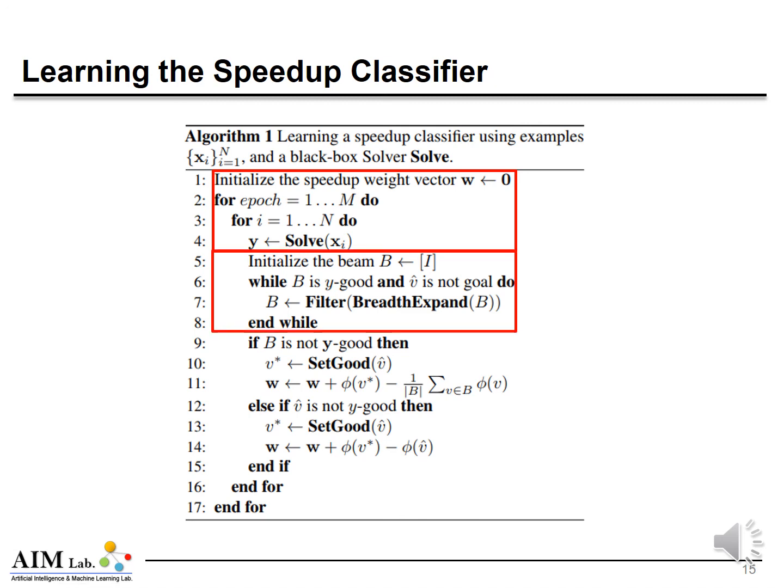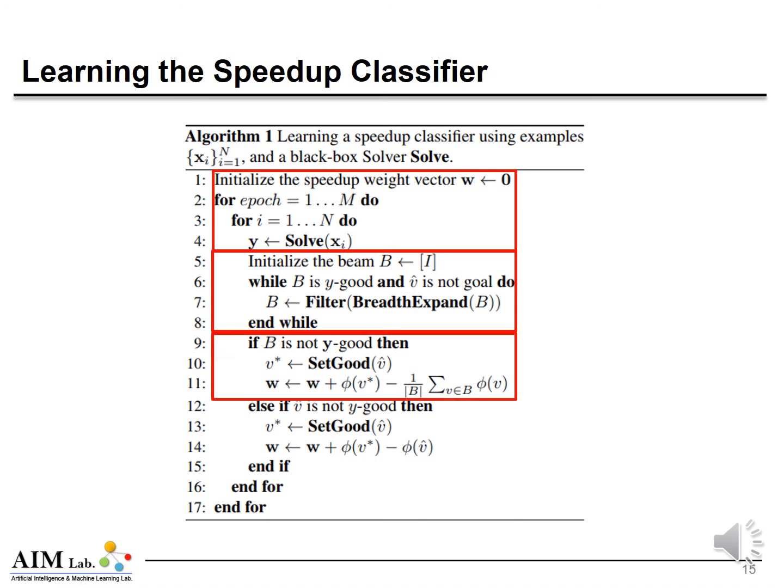Next, a breadth-first search is performed. Every time the beam B is updated, we check if the beam contains at least one Y-good node that can possibly lead to a reference solution Y. Search terminates if the beam is not Y-good, or if the highest ranking node we have is a goal.